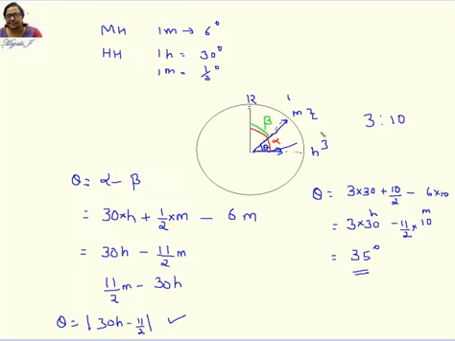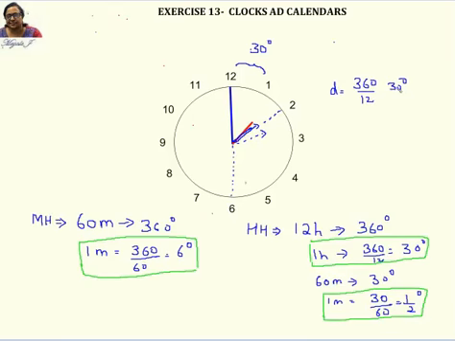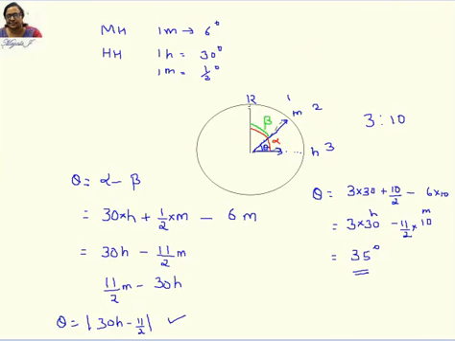And every 1 division, as I said on the previous page, is 30 degrees. So here it is going to be 30 degrees.